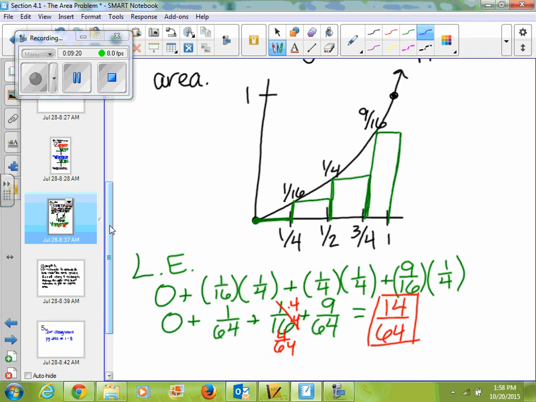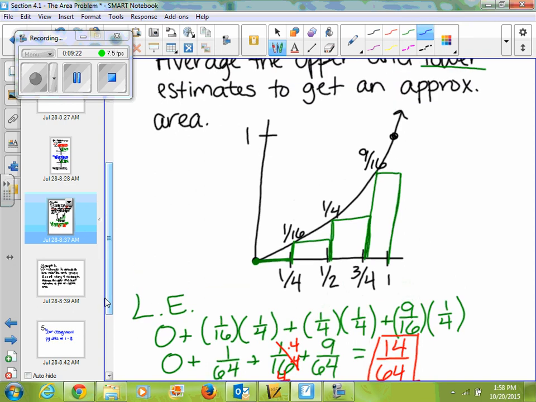Now if I want to find my upper estimates, I'm going to do the same thing, except I'm going to start with my furthest right value. So my furthest right value then is 1, because that's my last value. And I'm going to do the same thing. I'm going to go back. So from 1 to 3/4, I'm going to have a rectangle.